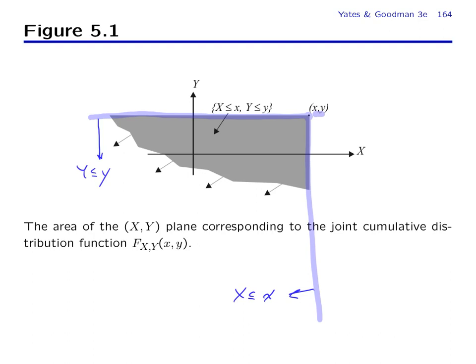Keep in mind that this looks like a box, but actually it goes off both for x's to the left all the way back to minus infinity, and for y's below little y all the way down to minus infinity.